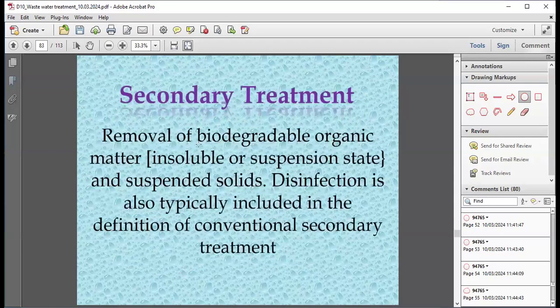Next, secondary treatment: removal of biodegradable organic matter. The important one: organic matter in insoluble or suspension state, and suspended solids. Disinfection is also typically included in the definition of conventional secondary treatment.